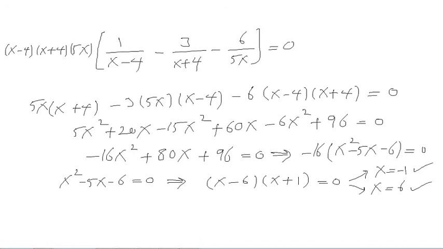Example 3. 1 minus 12 over x squared minus 4 equals 3 over x plus 2. Okay, step 1, I need to factor all the denominators completely.